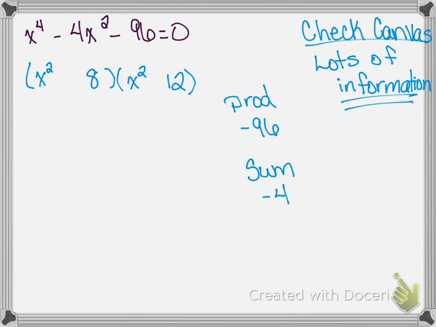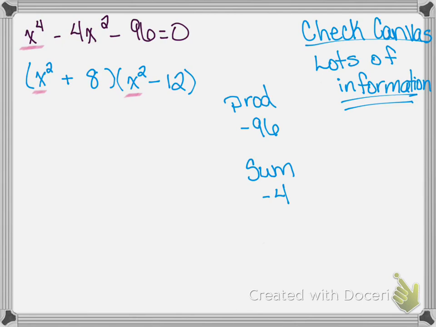Which one's negative? 12 is negative. Good. And 8 is positive. So we did that the same way that we would factor x squared minus 4x minus 96. The only difference is that instead of having x right here, we have x squared times x squared so that we can get the x to the fourth. Okay? So be aware of that.